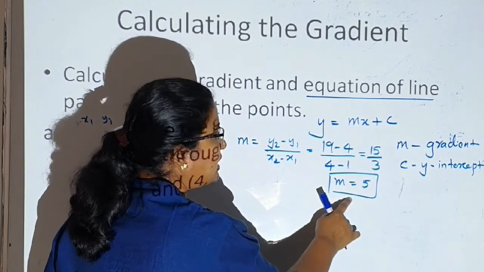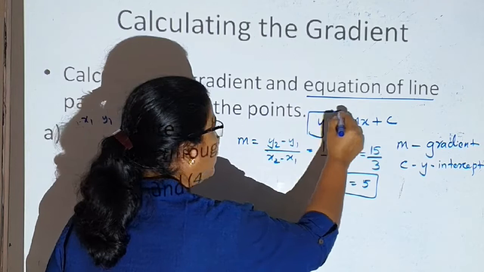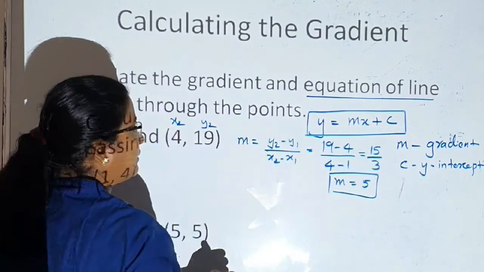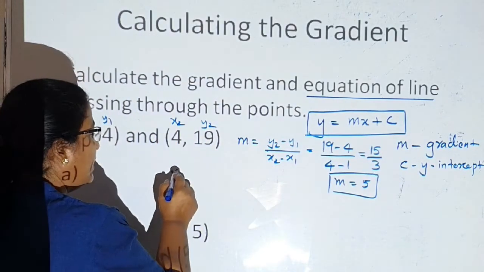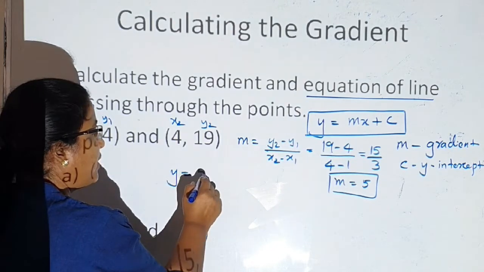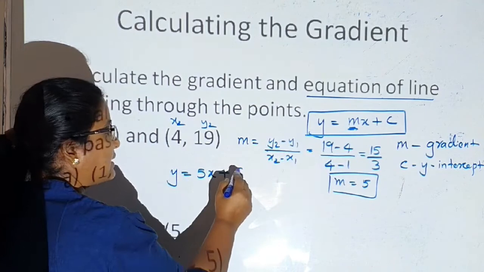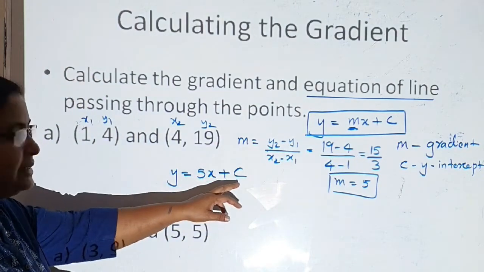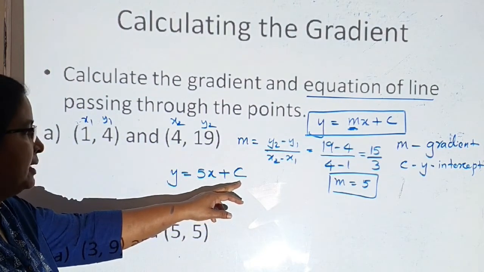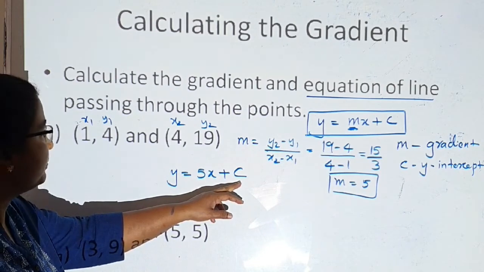What we should do is substitute this value in the equation. This is the equation of the line. So y equal to 5x, the gradient is 5 now, 5x plus c. Now next step, we should find the value of c. How can we find the value of c?